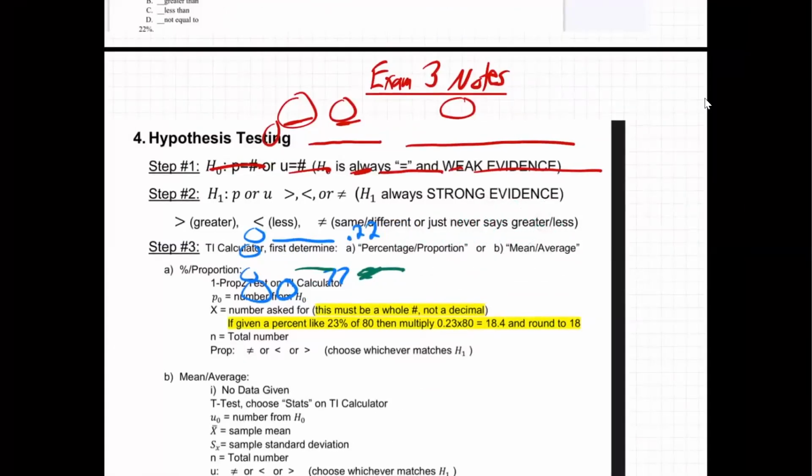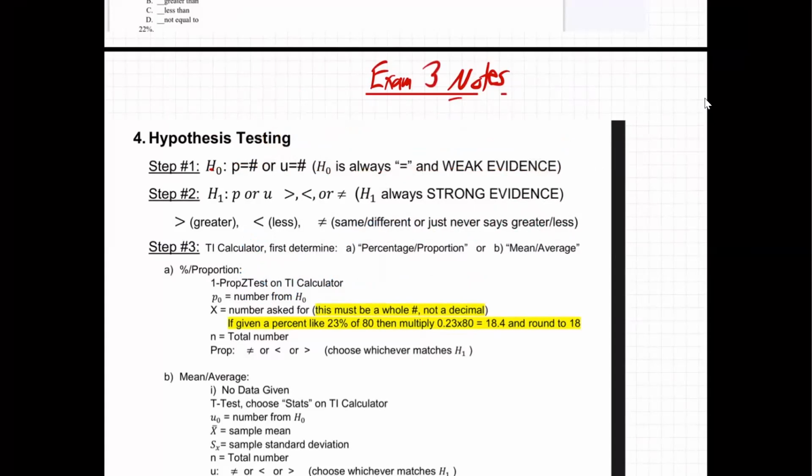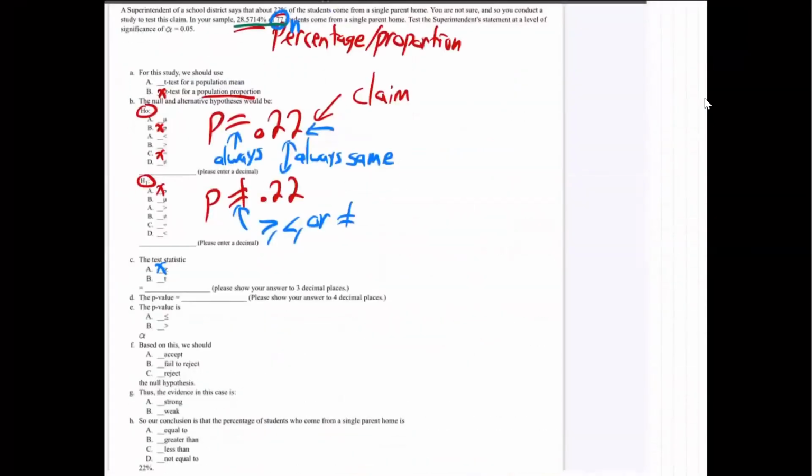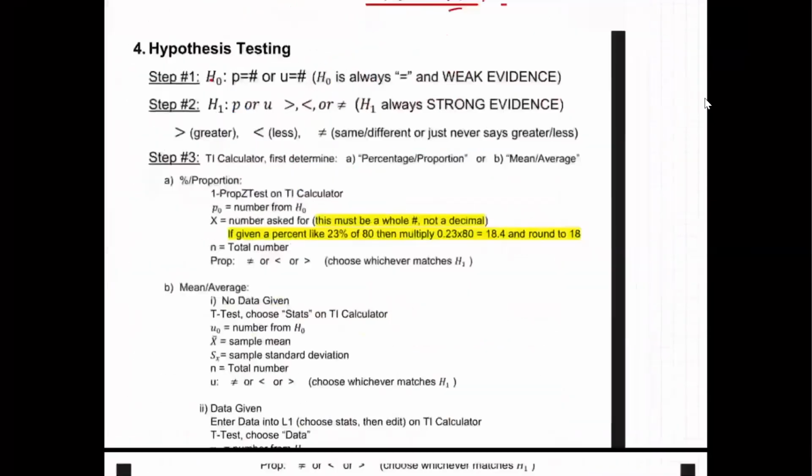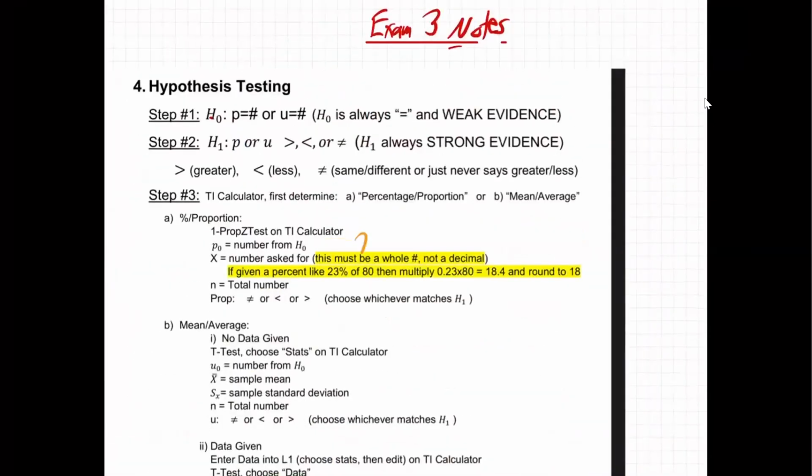So let's go do that on the calculator. Everything's kind of moved to a different place now. I know it looks a little weird, but that's the basic idea. We're going to go to the calculator now, and we're going to put that in. Again, what was it? 28.5714% of 77.